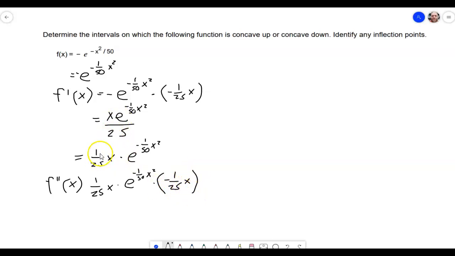So the first times the derivative of the second plus the second term.